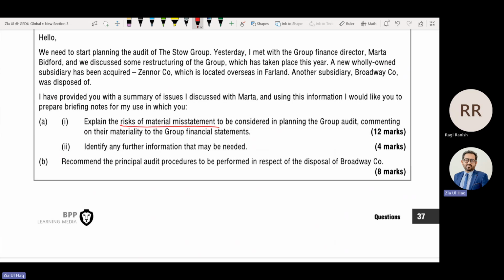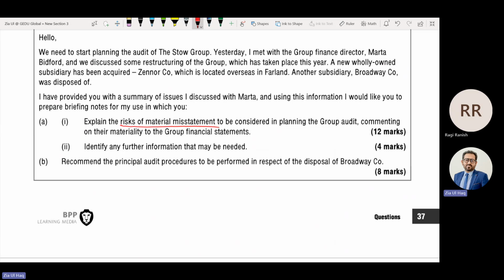From now onward, in every risk question, whether the examiner asks for a materiality calculation or not, if we can calculate materiality, we need to discuss it. If there is an amount given for any issue and we can calculate materiality, we should always discuss it. So for risk of material misstatement, materiality we need to discuss.